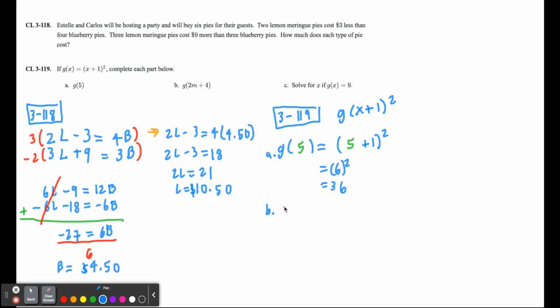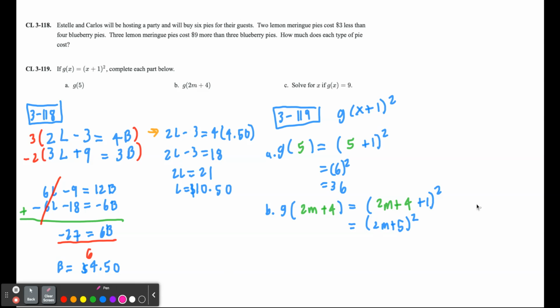And then for b, you have g of 2m plus 4. So that would be 2m plus 4 plus 1 squared, which is 2m plus 5 squared.